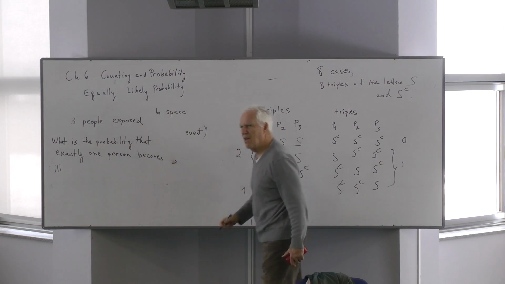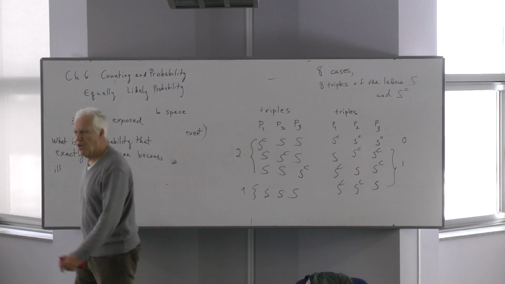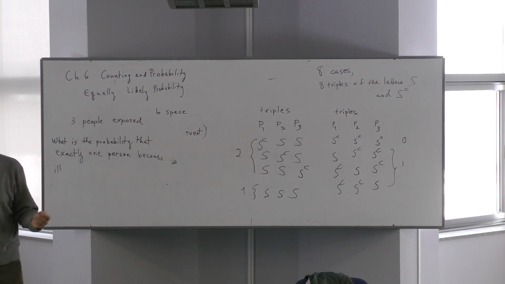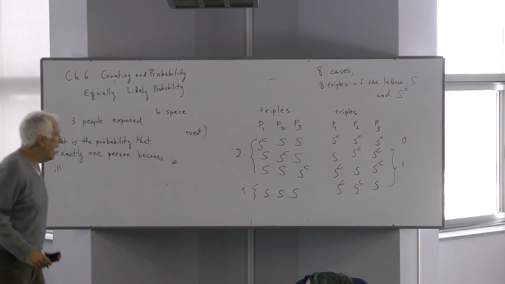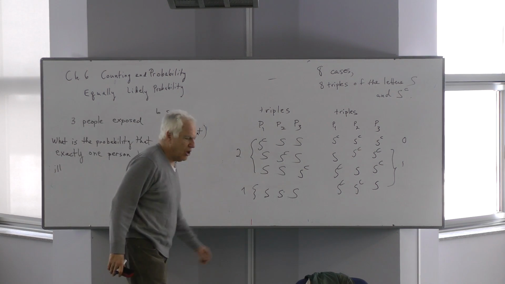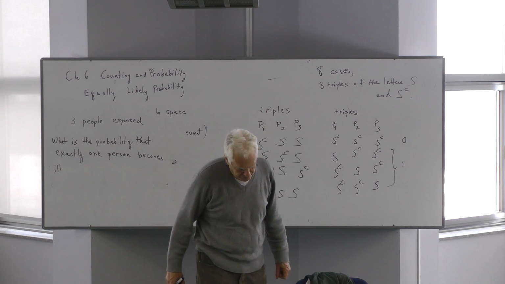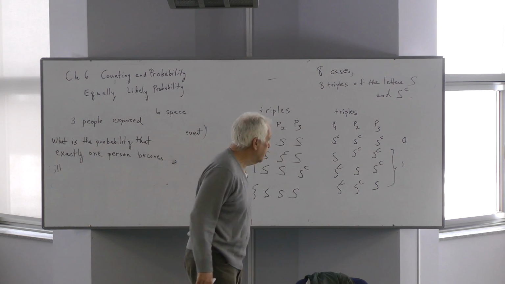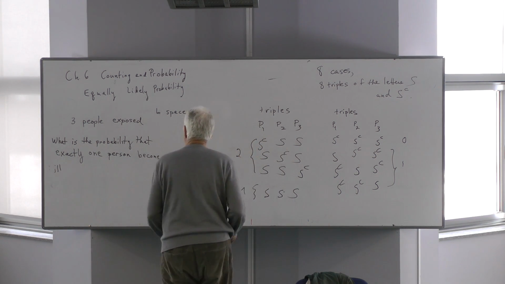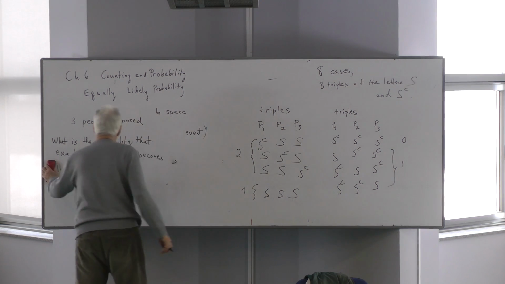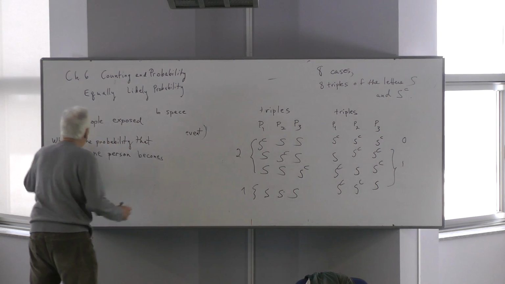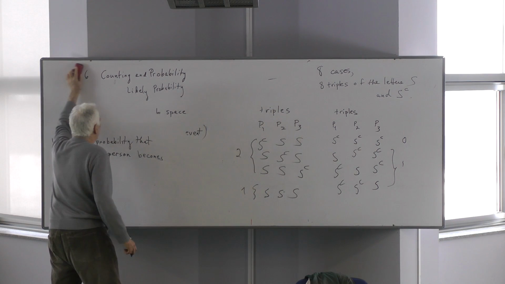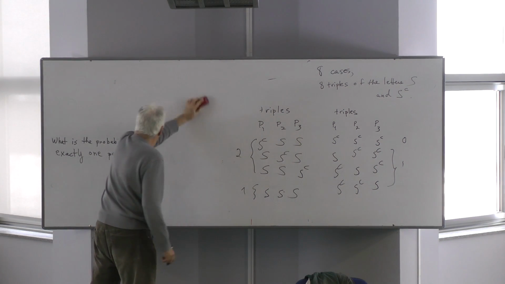There it is. These are all equally likely, eight outcomes. So what is the probability that exactly one person becomes sick?